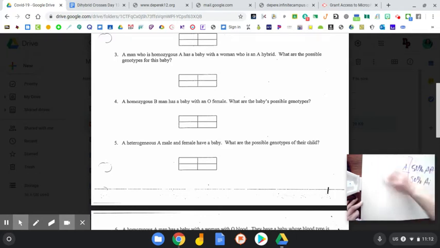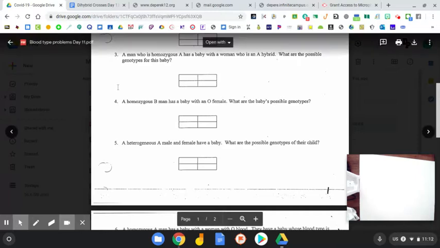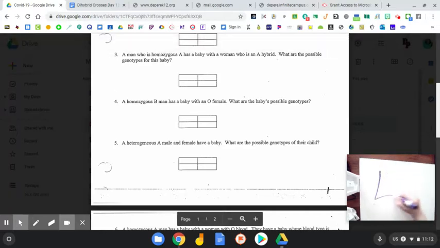Okay, moving on to number 5. A, it says heterogeneous. I hope you caught that and thought, oh, she must have meant heterozygous, because that's what I meant. Sorry about that. Heterozygous A male and female have a baby. What are the possible genotypes?